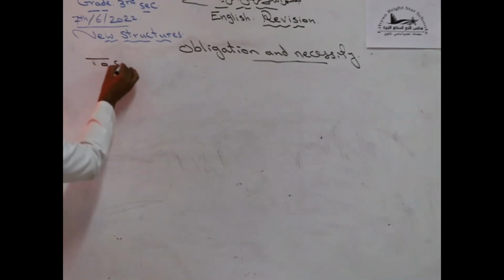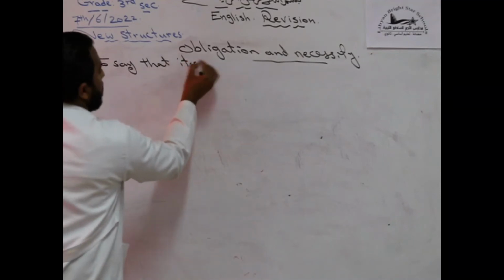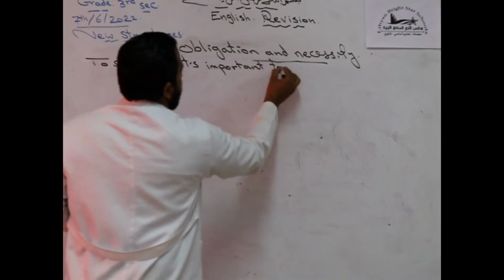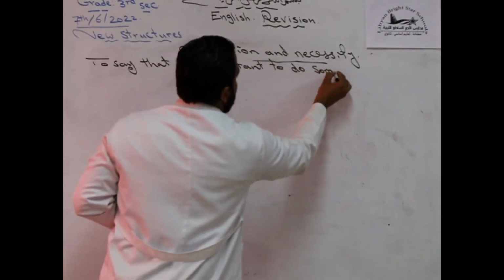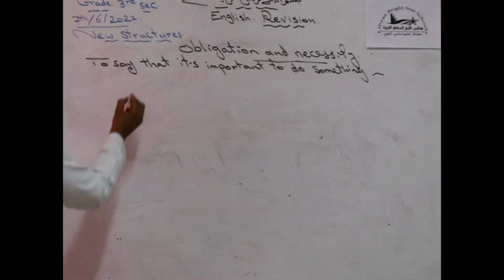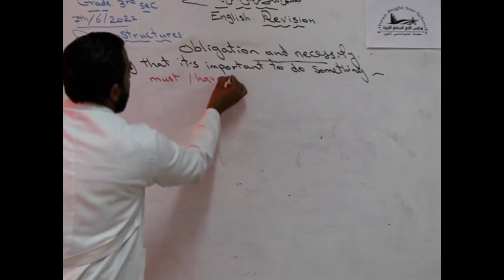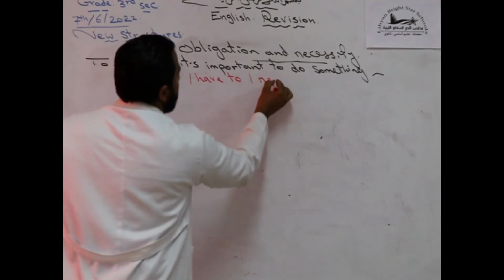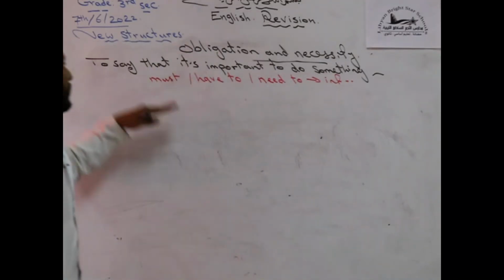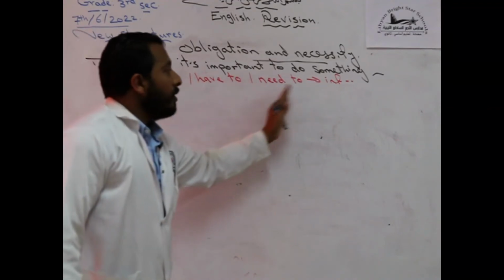To say that it's important to do something, علشان نقول ان احنا لازم نعمل الحاجة دي we use must, have to, need to. They all must be followed by the verb in the infinitive form. To say that it's important to do something, we use must, have to, need to, followed by the verb in the infinitive form.